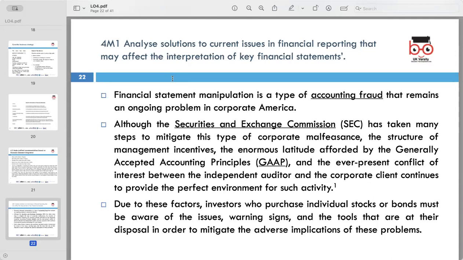Investors need to be vigilant and equipped with the necessary tools to detect warning signs of financial manipulation. Understanding the issues of financial reporting, identifying irregularities, and scrutinizing management practices are essential for mitigating the risk associated with fraudulent activities.